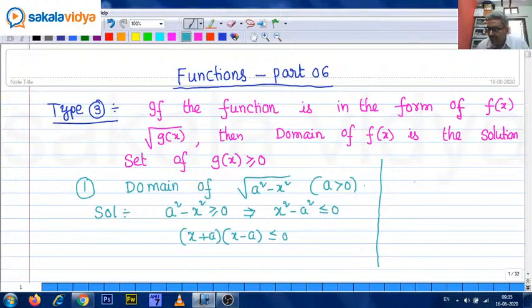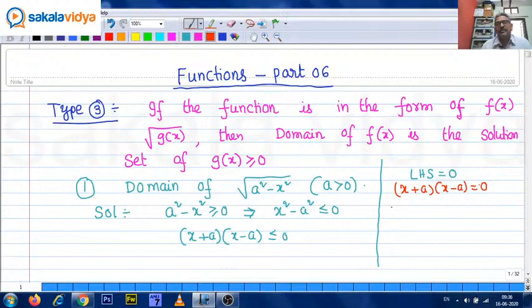Good, right. So the left hand side is equated to 0. If you equate LHS equal to 0, we get x plus a into x minus a equal to 0.